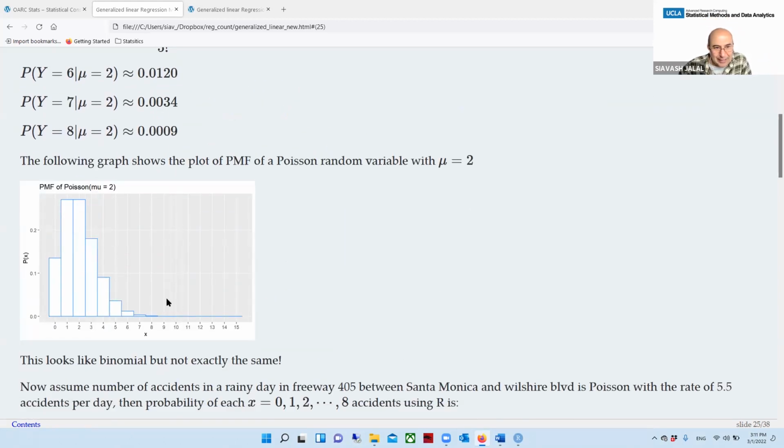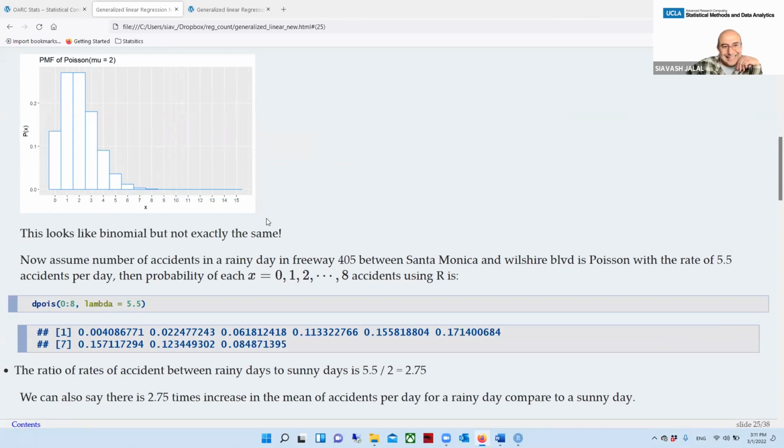And you can plot this. The probability goes for all the numbers. This number goes to infinity, but usually the probability stops in Poisson because it's skewed, somewhere here. Even when mu is 2, when we want to calculate the probability of y, the value is almost 0. Very close to binomial, but not exactly.